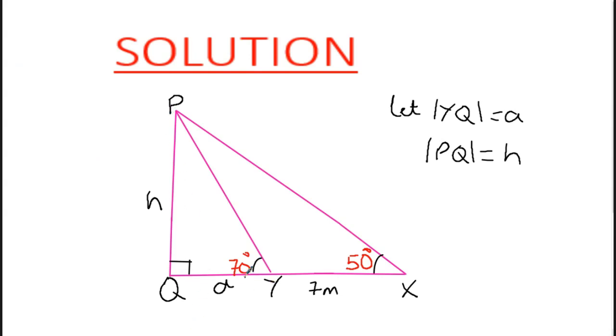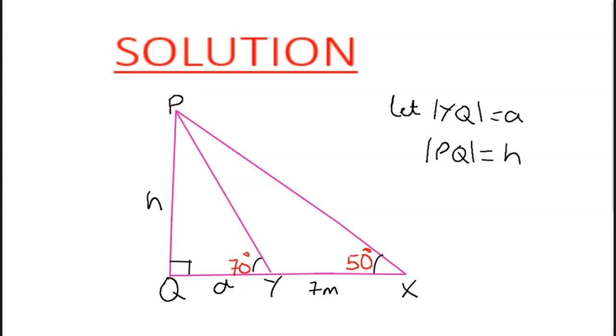The acute angle here is 70 degrees and is facing this side, which is the opposite, and where the 90 degrees and the acute angle are resting is the adjacent, which is a. So from triangle PYQ, we can write tan 70 equals opposite over adjacent, which is h on a. This implies that h becomes a times tan 70 degrees. Let's label it as our first equation.